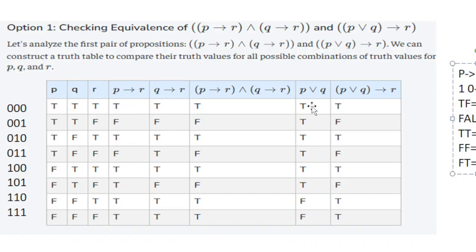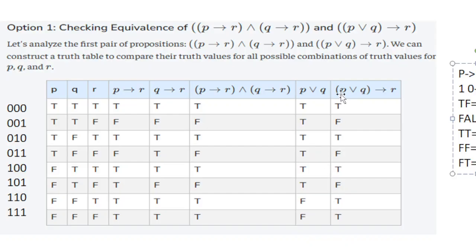So we have to find the TF condition first. Here both are true, so true. Here true and here false, so false. Here true, true, and here true, the R value false, so the TF condition came, so false. Likewise we will get this column.